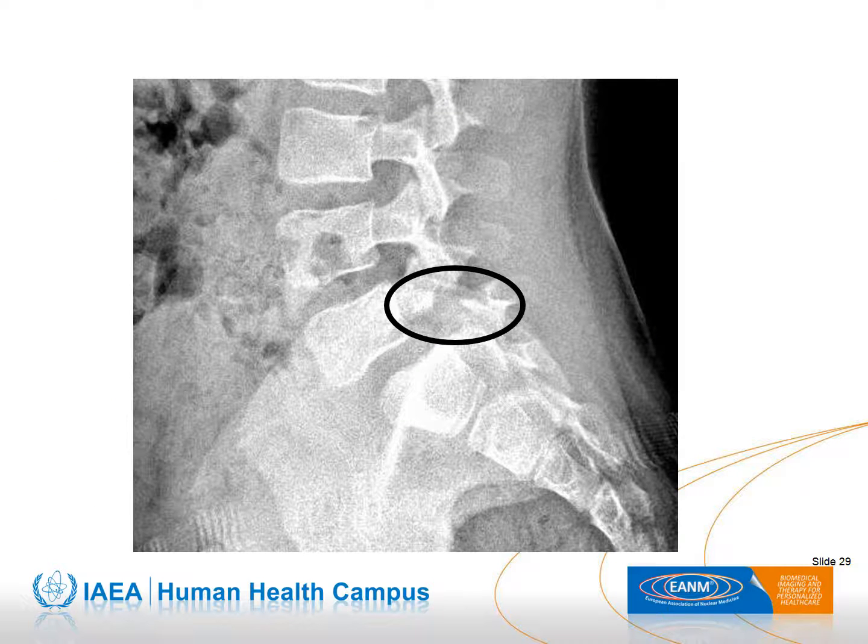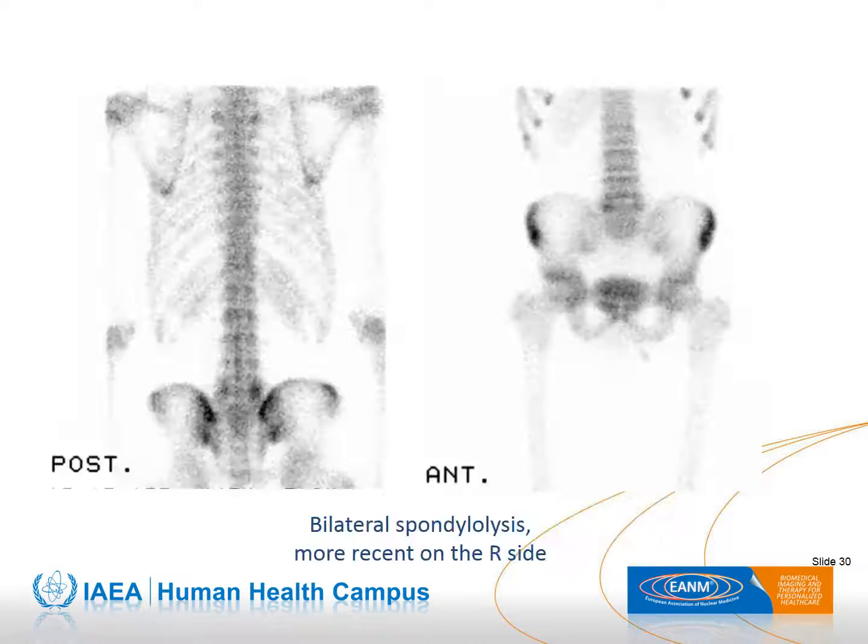This plain radiograph shows a fracture of the L5 pars interarticularis. In case of recent onset, tracer uptake is more intense, as shown on this image of the right side of the spine.